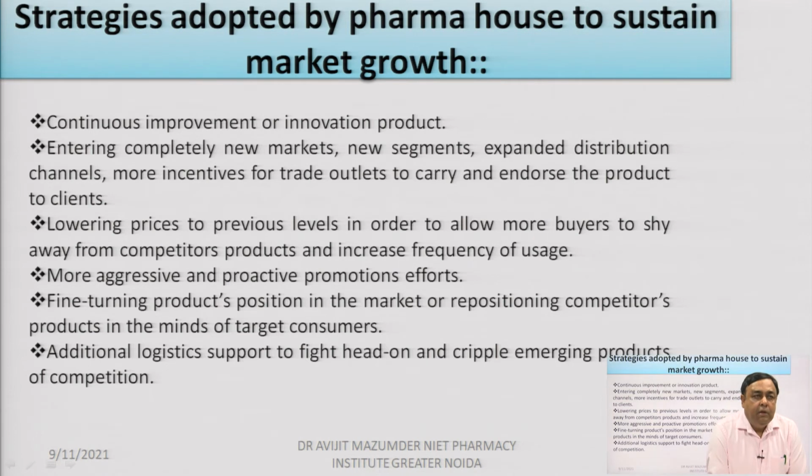Sometimes the lowering of prices to previous levels in order to allow more buyers to shy away from the competitor product and increase the frequency of use. Remember, in this particular stage you need to expand. So, you need to have certain strategies which will prevent the competitors from entering and taking out your customers.